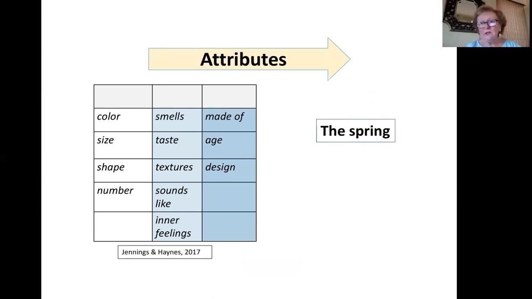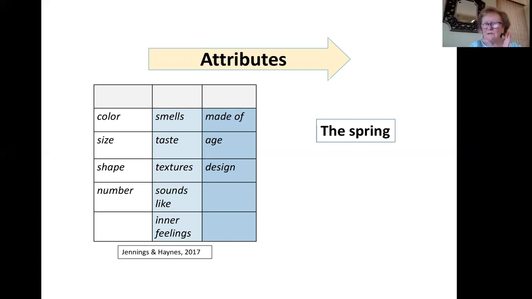We also, in a very basic way, can talk about the attributes of a particular word. The word spring was one of the words that I focused on. And of course, spring can be both a noun or a verb. In this case, the spring was the noun, finding that spring was a disaster. We can begin by thinking about attributes of a particular word in a very simple way, moving from left to right.